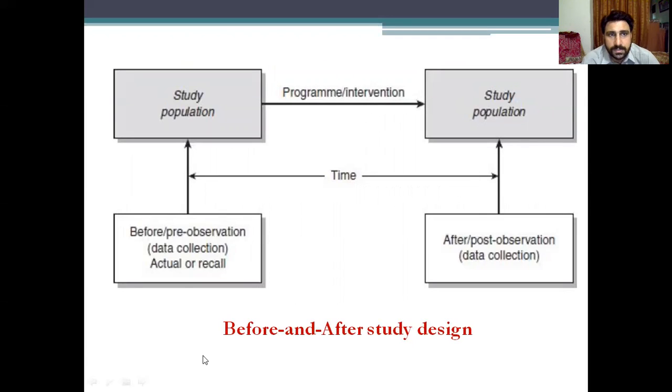For example, in the before and after study design, in a pre-observation, data is collected from a study population, then an intervention is introduced, and the study population is contacted again for a post-observation, and data is collected again. So we have two time points: before, a pre-test, and collection of sample or data after, or post-test.